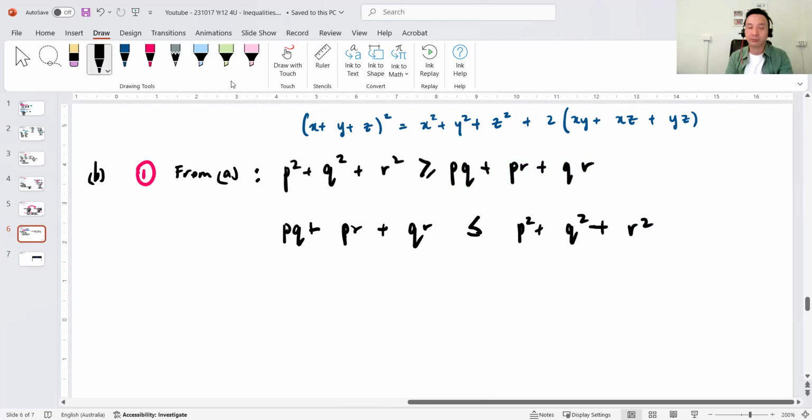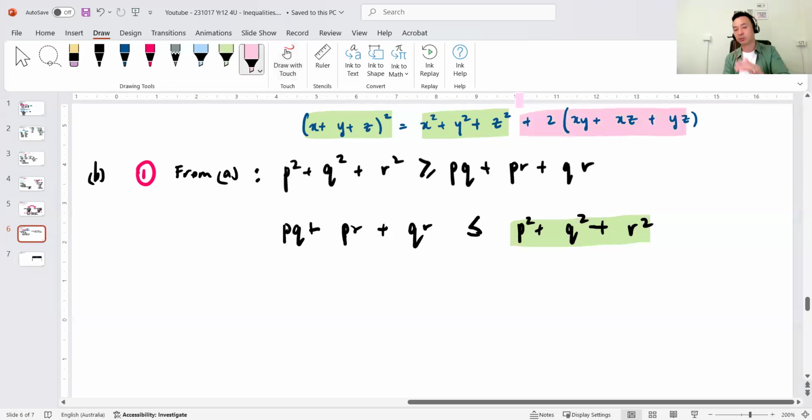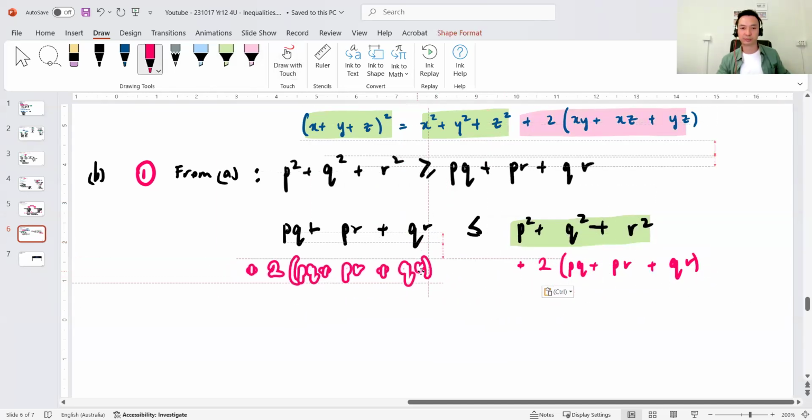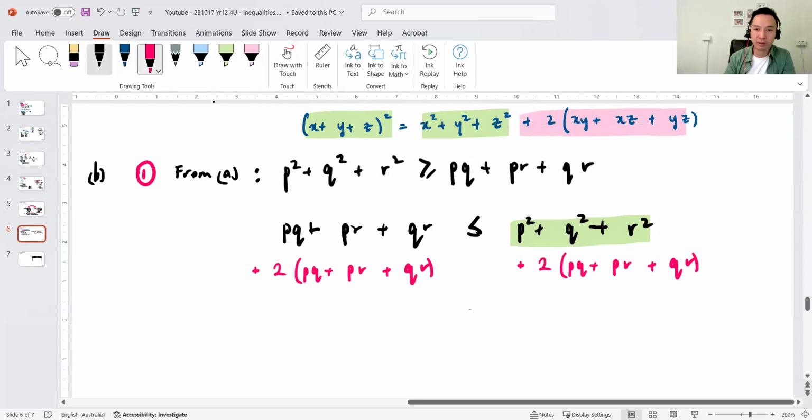Now, I want this to be a perfect square, to look like this. Right now it's got this; I'm just missing this bit. So I'm going to add that pink part to both sides, and then I'm done. If I add 2 times PQ plus PR plus QR to both sides, I add it to this side, then I add it to the other side as well. This side here becomes a nice perfect square.